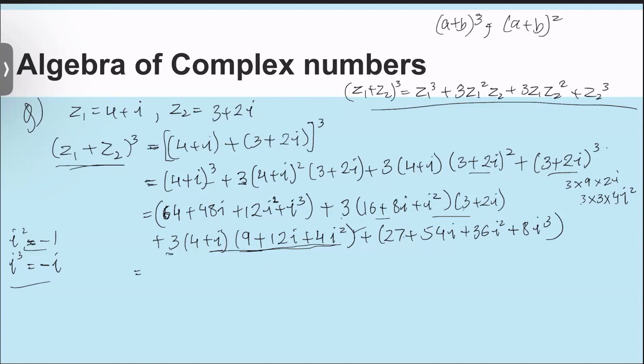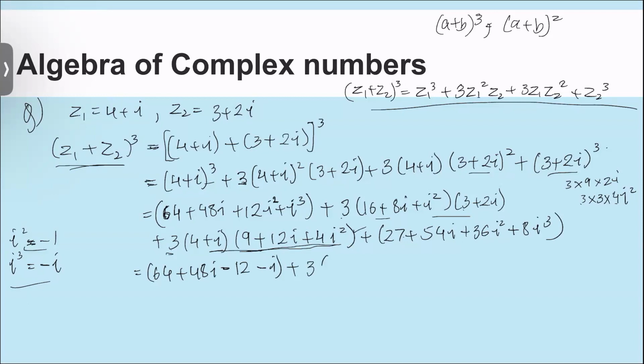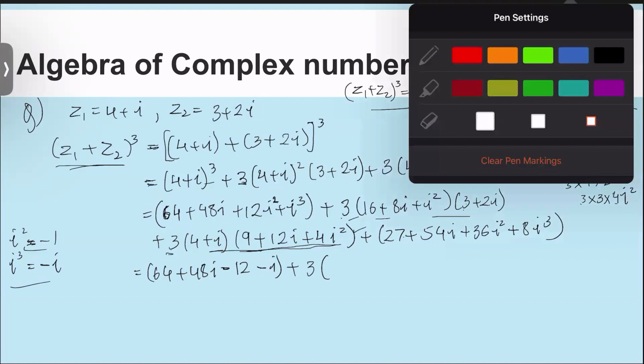So now if the rest of it is hopefully correct, then we just quickly substitute and see: 48i minus 12 minus i, and plus 3. And what did we get for this? 3 into 16.